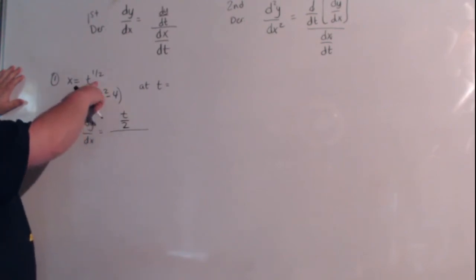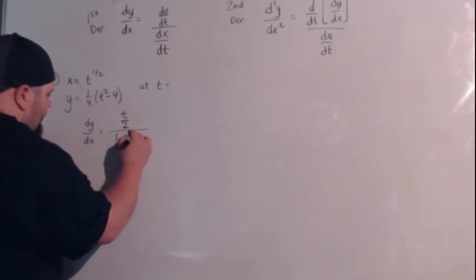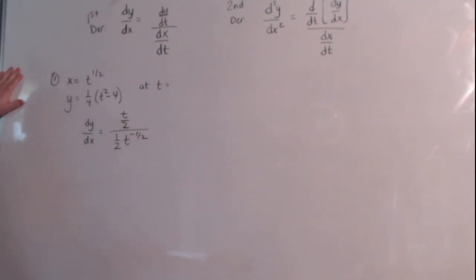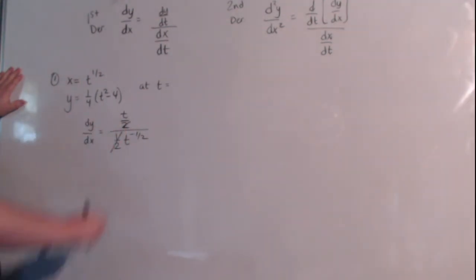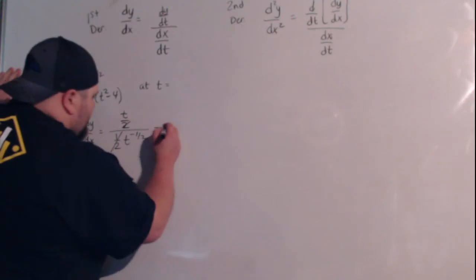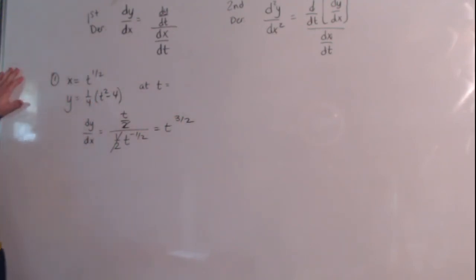And the derivative of x would be 1/2 t to the minus 1/2. So the halves would cancel, and t divided by t to the minus 1/2 is going to be t to the 3/2.